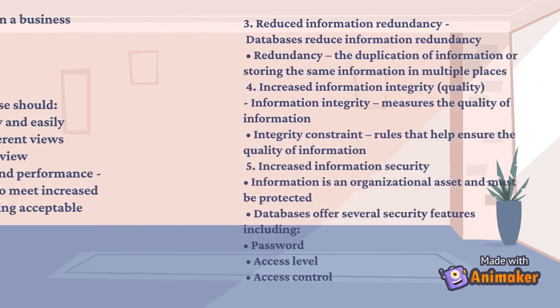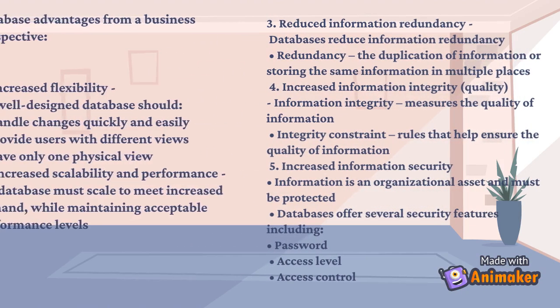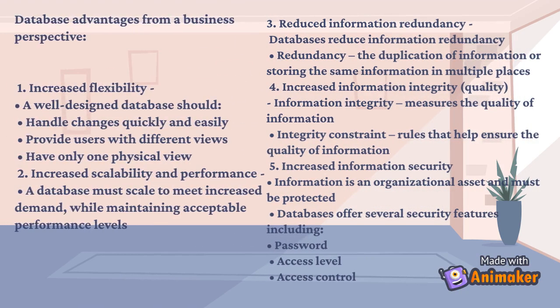There are 5 database advantages from a business perspective. The first one is increased flexibility. A well-designed database should have 3 items, which are handle changes quickly and easily, provide users with different views, and have only one physical view. Secondly, increase scalability and performance.